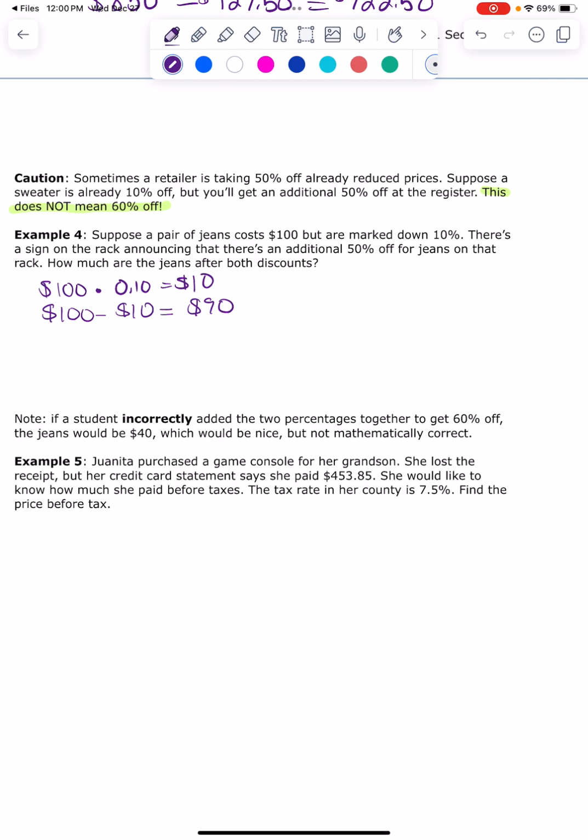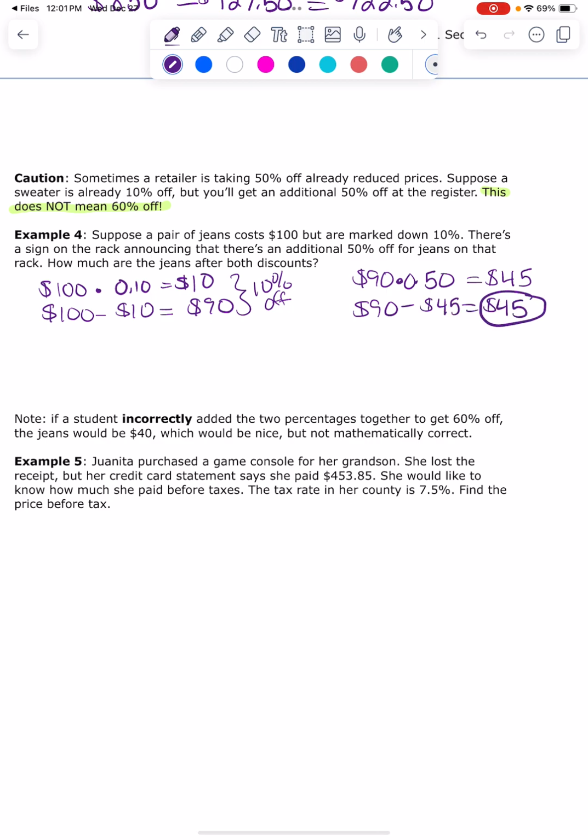Then you find the additional 50% off. We start with the $90, multiply by 0.5, which is $45. And you can subtract $45 from 90. So $45 is how much the jeans cost.